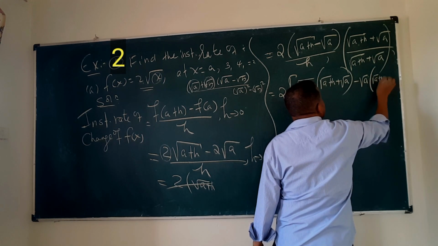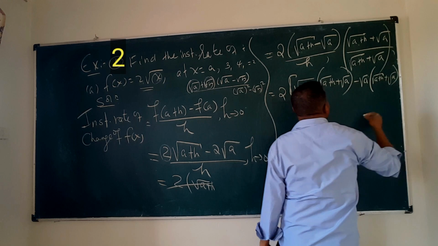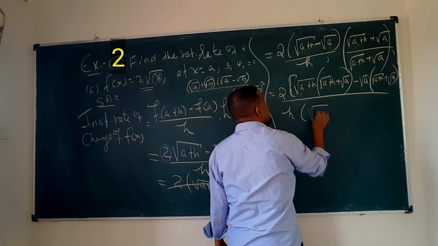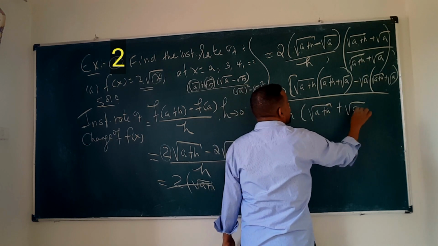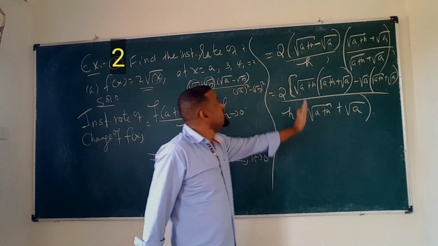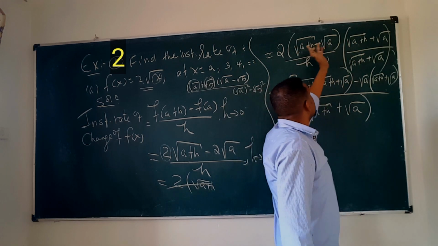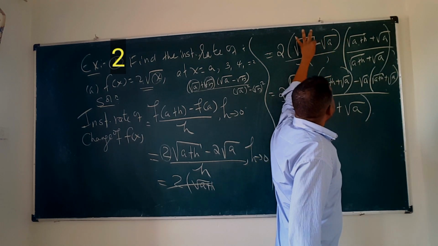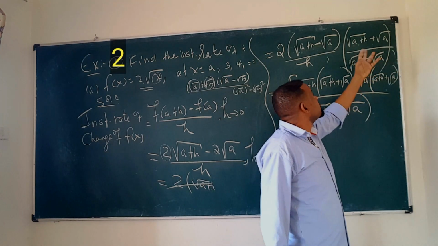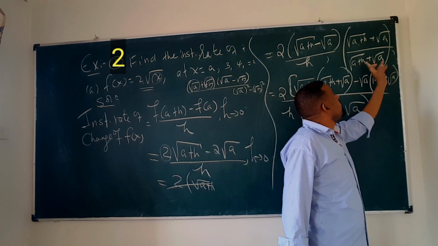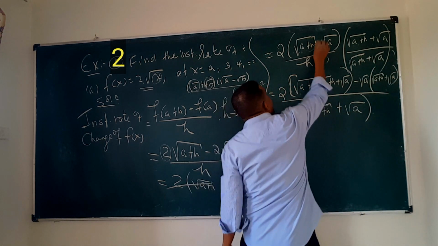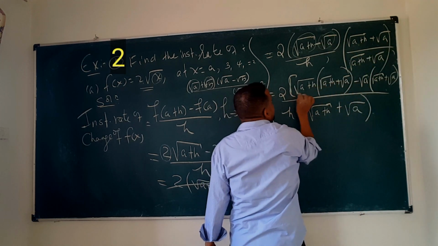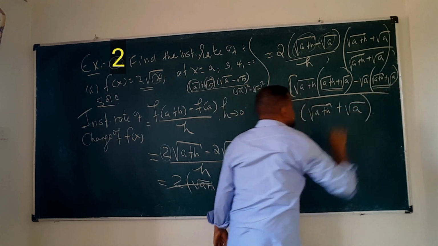Then over this h times the expression in the denominator part, radical of a plus h plus radical of a. We wrote this rationalizing factor here because this is an irrational number, so we have to rationalize it by multiplying the number by 1 of course: radical of a plus h plus radical a over radical of a plus h plus radical a. Now this one multiplies these two terms, and radical of a plus h times these two terms.